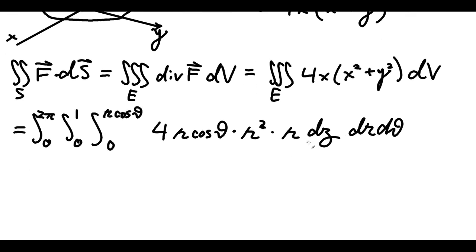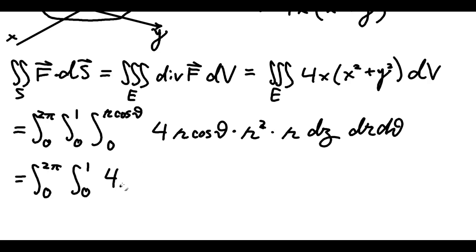So we have this business. We can't separate this, at least not just yet, because we have this r cosine theta. Although what we can do, let's see, we have the integral from 0 to 2 pi of the integral from 0 to 1. We can combine all of this stuff.